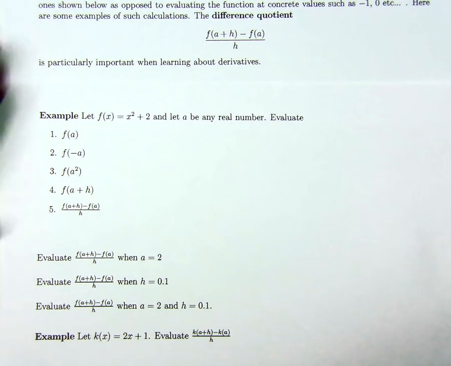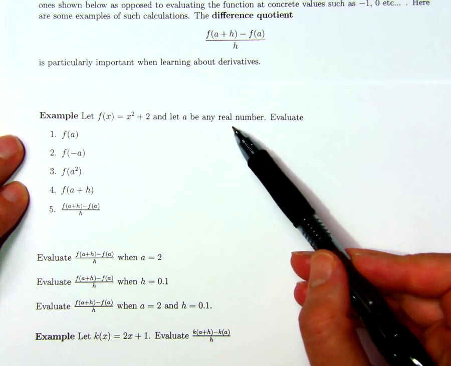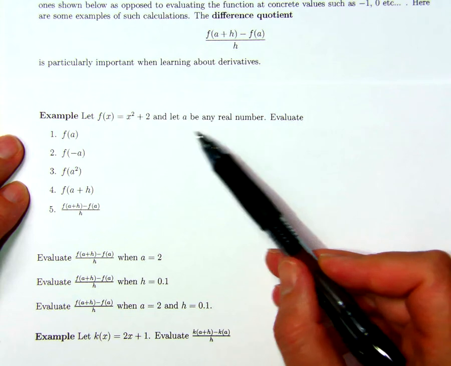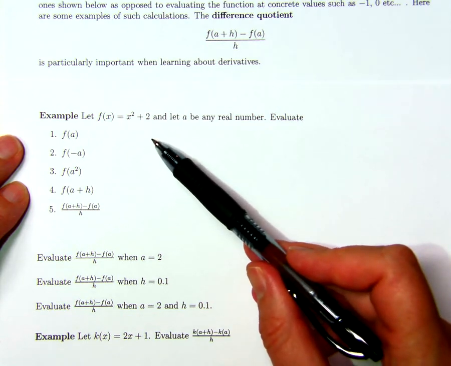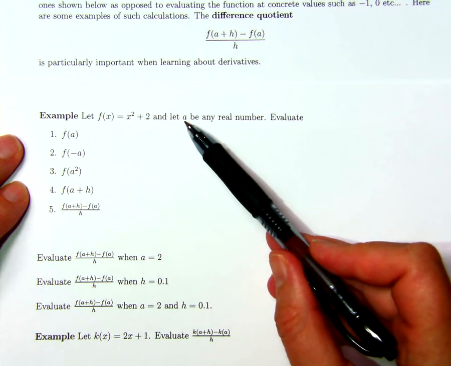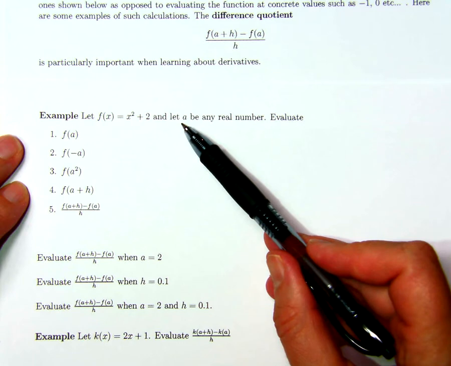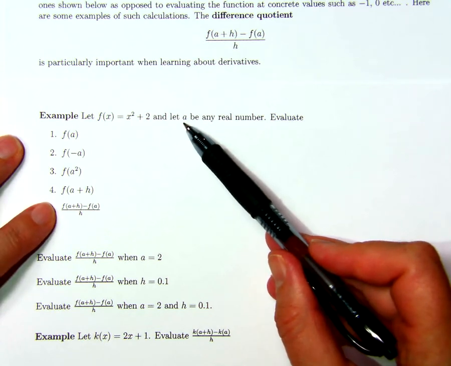Let's look at f of x equals x squared plus 2, and let a stand for any real number. Now, a is a placeholder for any real number. However, we're not going to substitute any particular real number for it. We're just going to calculate f of a.